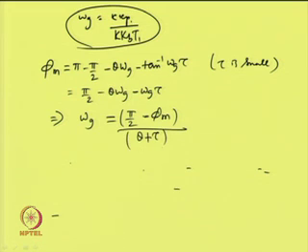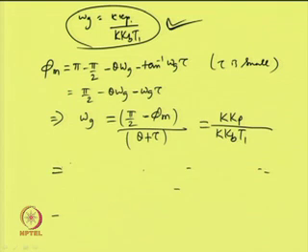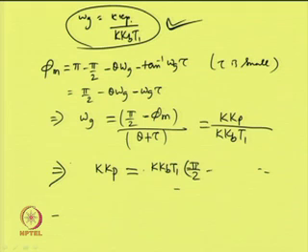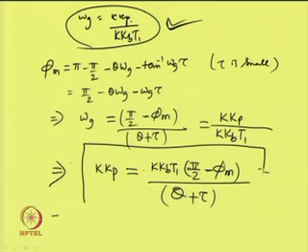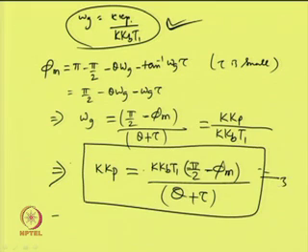But omega g already we have got in this form. So, upon comparison it is possible to get this is equal to again K K P upon K K B T 1, which gives us the expression for K P, K K B T 1 times pi by 2 minus phase margin upon theta plus tau. So, we have got one more expression for the K K P.